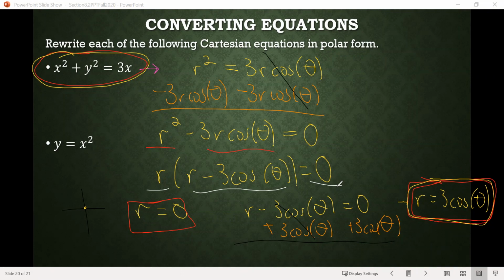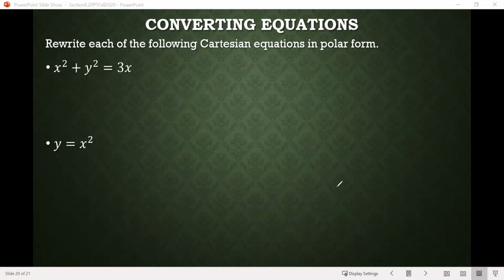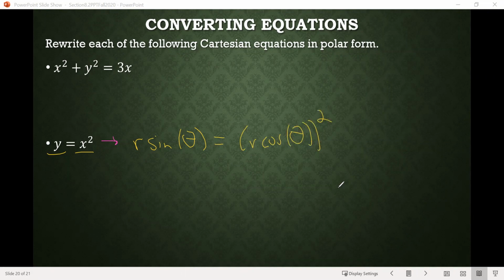All right, let's look at the second one then. So here we have y equals x squared. So we're again going to use our identities from the previous slide to make substitutions here. So we know for y, we can put in r sine theta. For x, we can input r cosine theta, and that whole thing being squared.